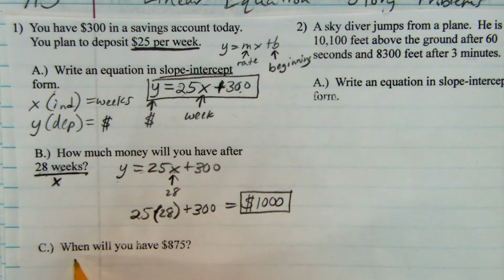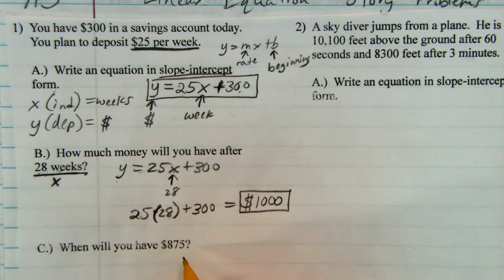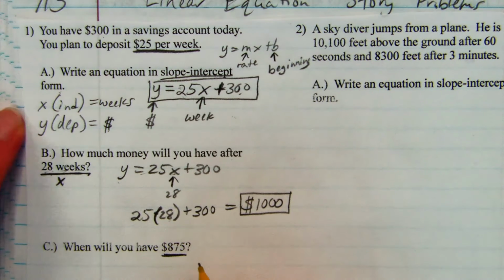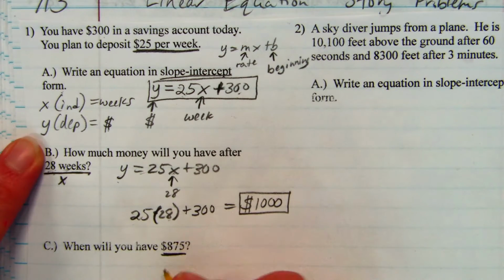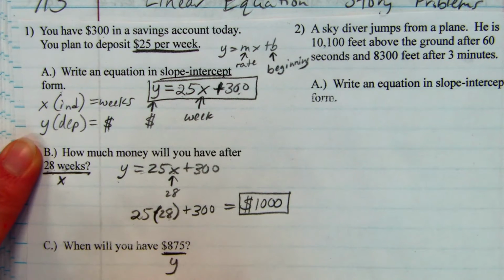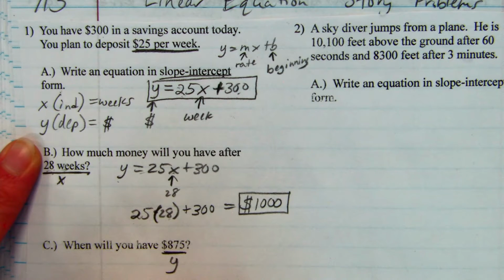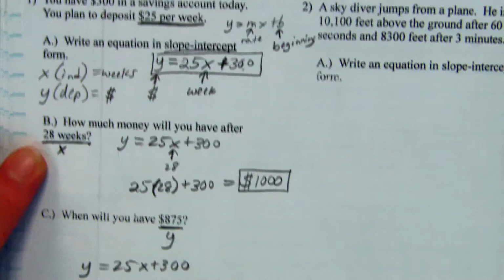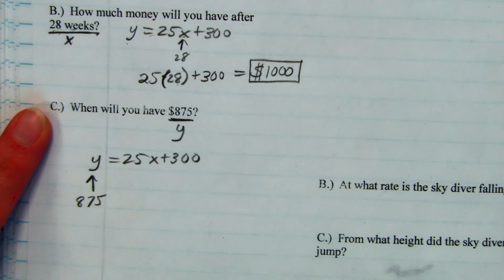Okay, so over here it says, when will you have $875? So the $875, if we look back at how we did this up here, that's y. So if I take my equation, y equals 25x plus 300, I'm going to put that in where y is, which is a little bit tougher than, okay, you couldn't see what I was writing, so let me scooch that down.